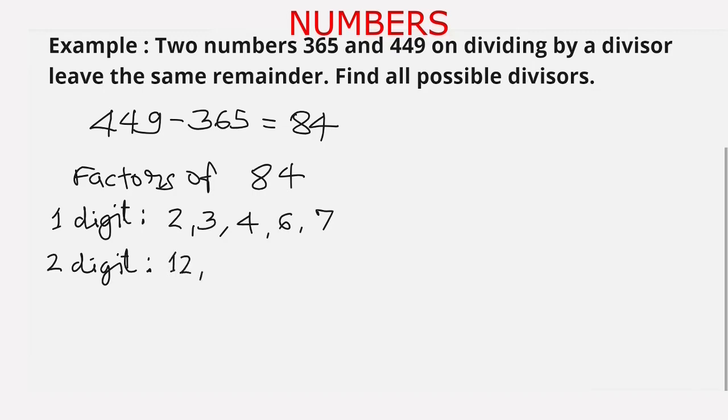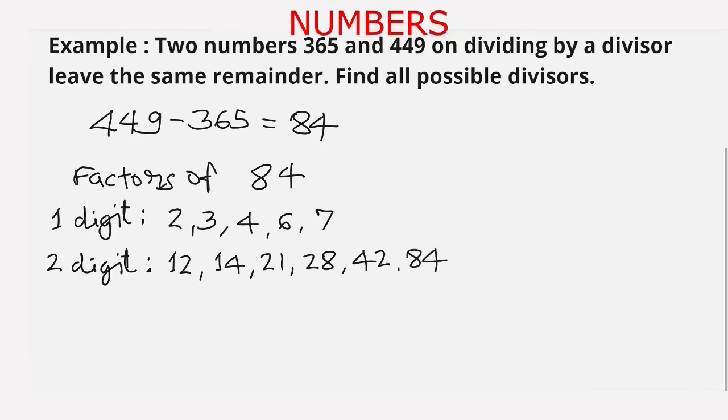This is also divisible by 2 and 7, so 14 is also one divisor. This is divisible by 3 and 7, so 21 is one of the divisors. Then it is divisible by 28, and this is also divisible by 42 and 84 itself.